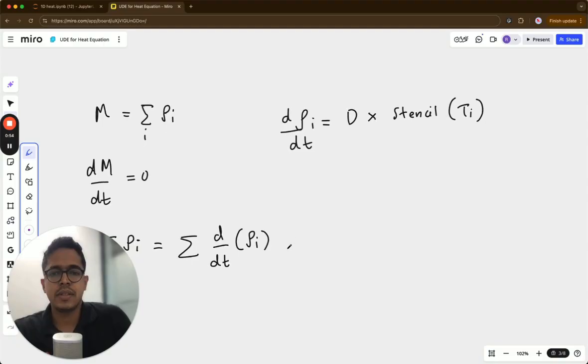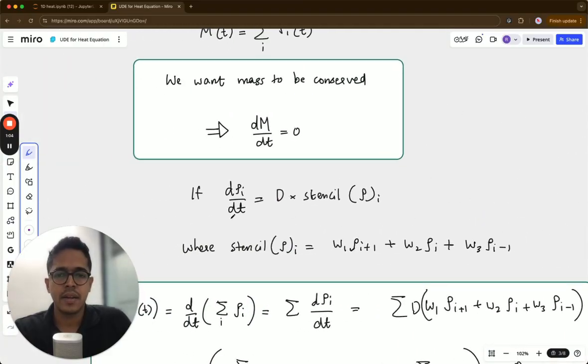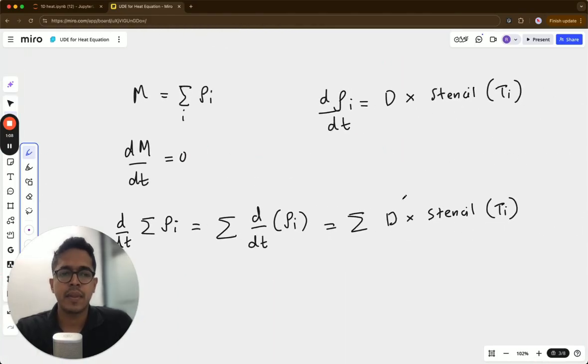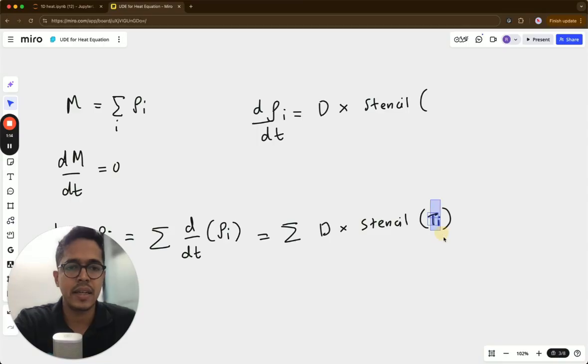So this is equal to sigma d multiplied by stencil of rho I. Sorry, not Ti. We are not looking at temperature anymore. We are looking at density.